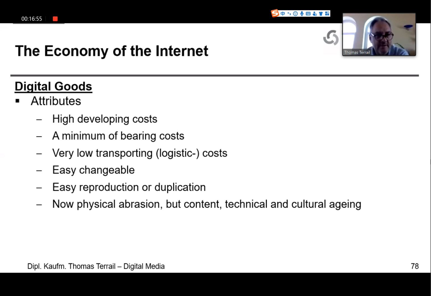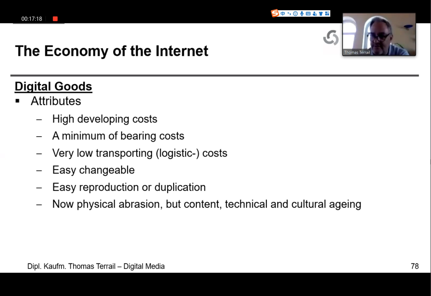So digital goods, what are the attributes? The developing costs are very high in the beginning. So you have to create, you have to program, and you have to test digital goods first.